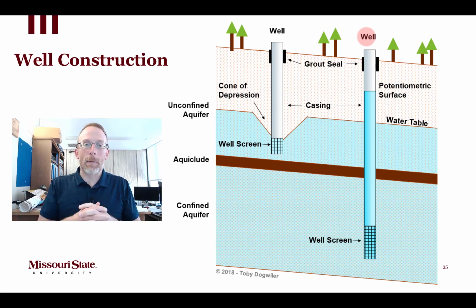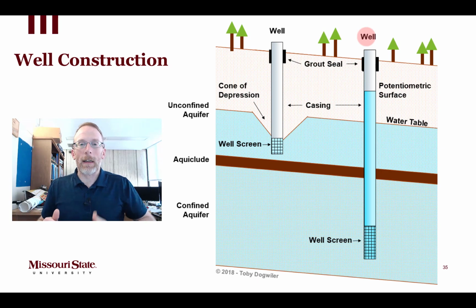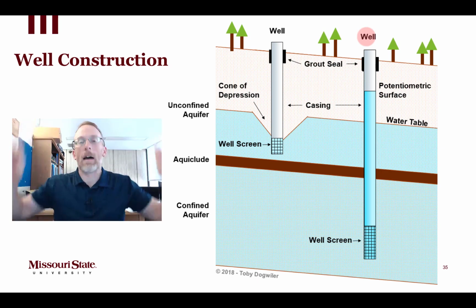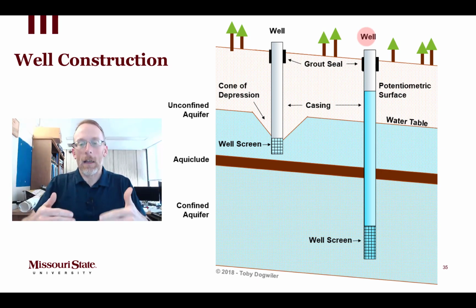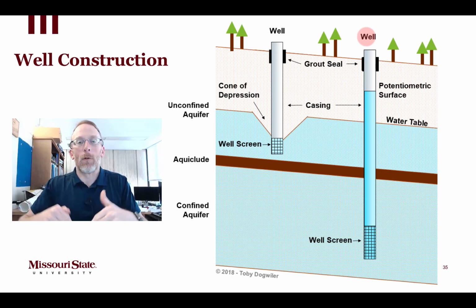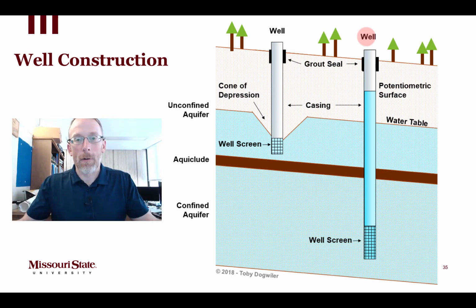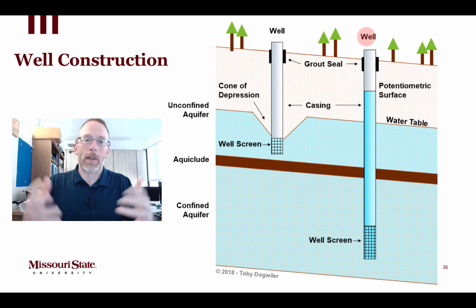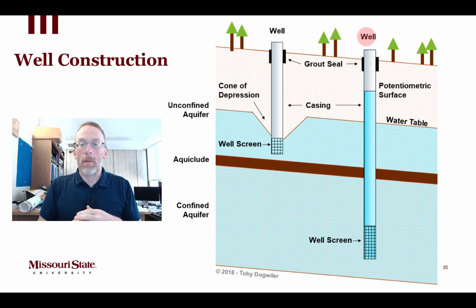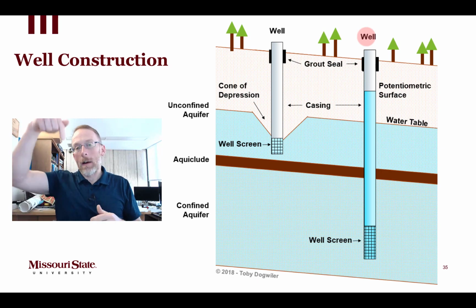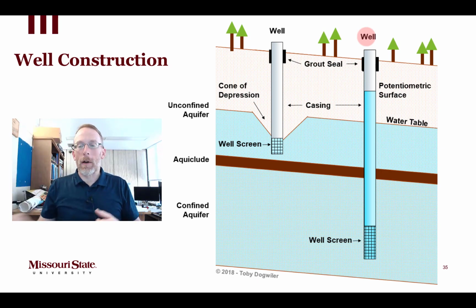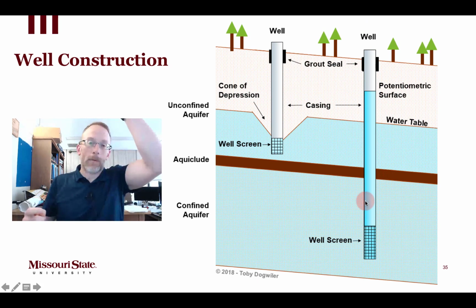If you've ever seen some of the movies or videos where they drill an oil well and get a gusher where the oil just shoots out of the surface, it's because the oil is down in a confined aquifer. In that case, the confined aquifer has a fluid that's a hydrocarbon instead of water, although there's some water in there too. Once they drill down and penetrate that aquiclude and hit the oil, it just shoots out.